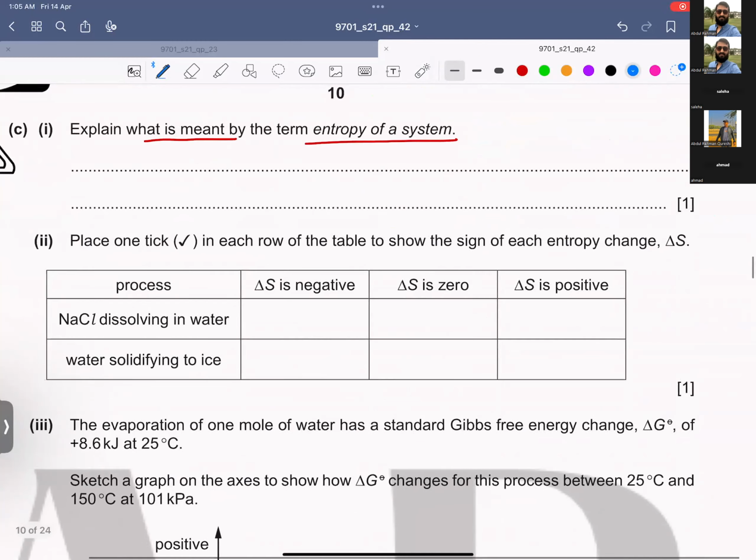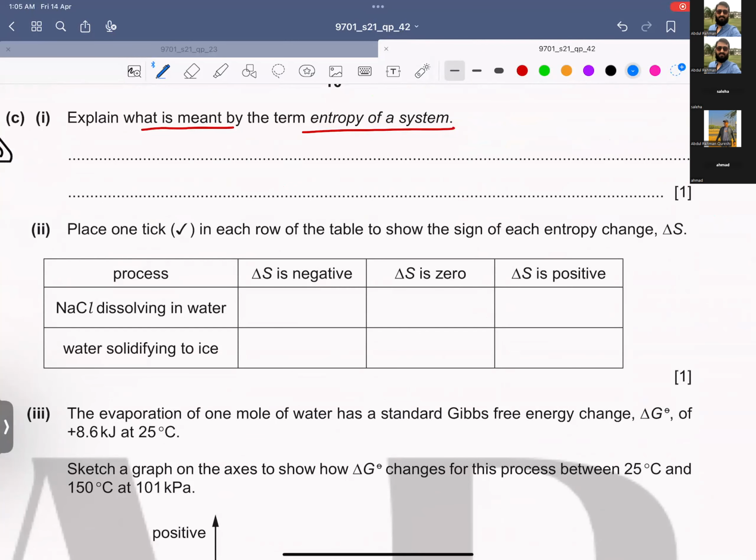So we can say that entropy of a system is the degree of disorderness or degree of randomness of a system. Okay.